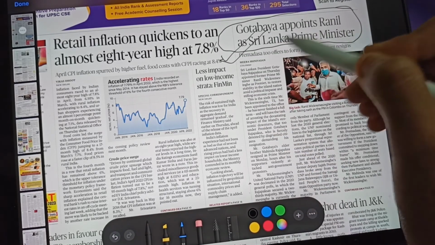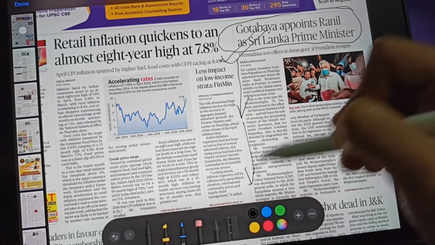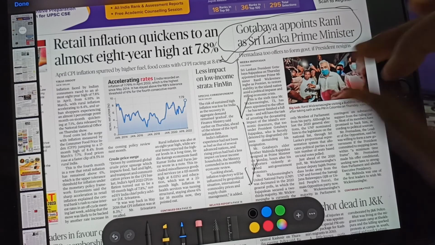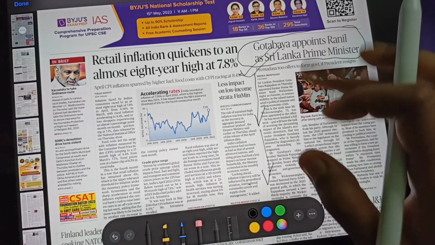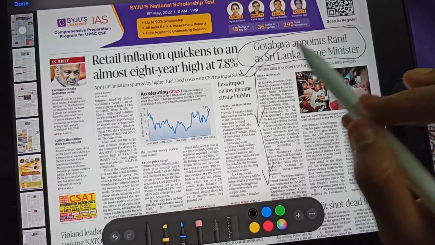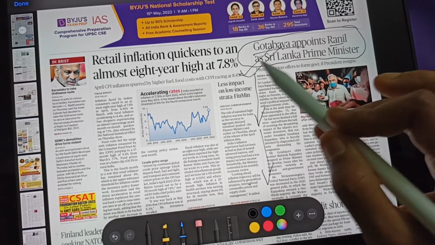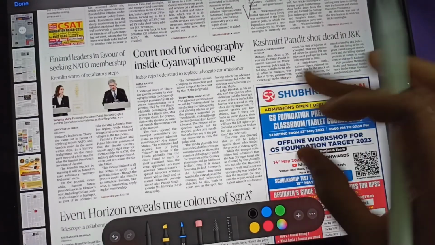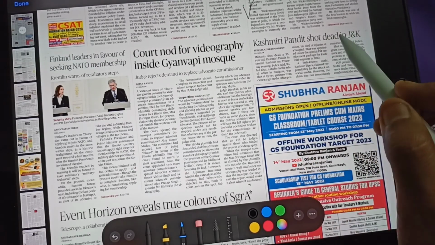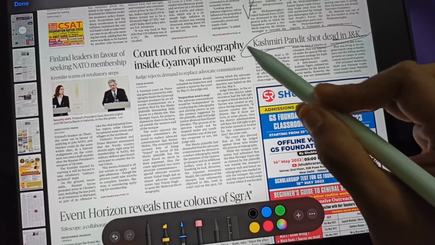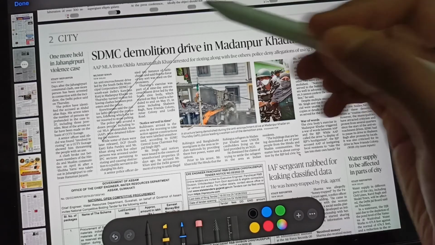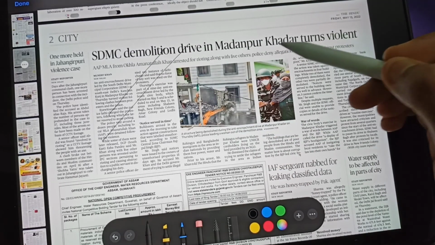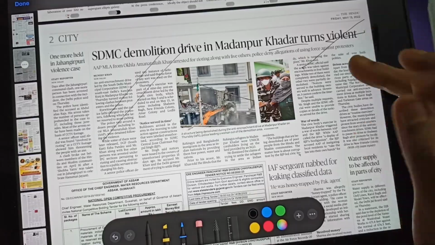You need not go further because this seems to be a bit political news, so don't go beyond that. You just need to remember that Gotabaya appoints Ranil as Sri Lankan Prime Minister. Next is Kashmiri Pandit shot dead in Jammu and Kashmir. I don't think you have to read further. Now this one, SDMC demolition drive in Madanpur Khadar, you don't need to read this.